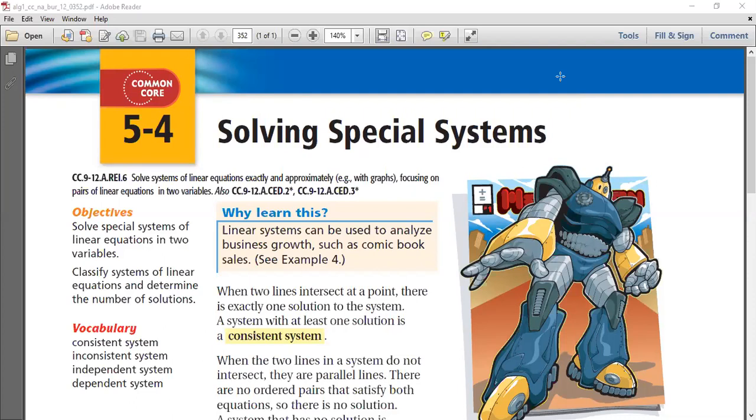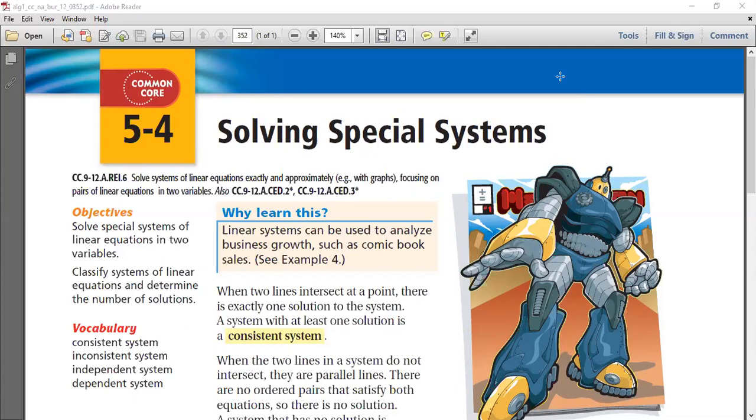In all those previous ones, we just got x is equal to 4, y is equal to this, right? We only got one coordinate as the answer. But there are some systems which are so special that either they have no answer or they have more than one answer. So when you are solving such special systems, what do you need to do?